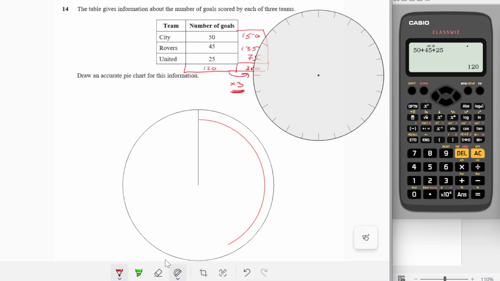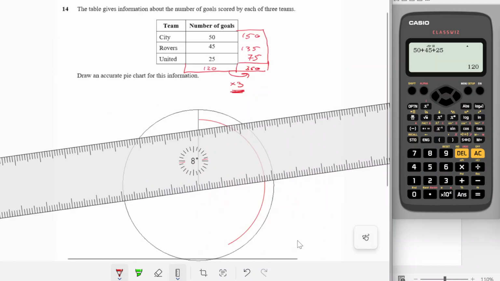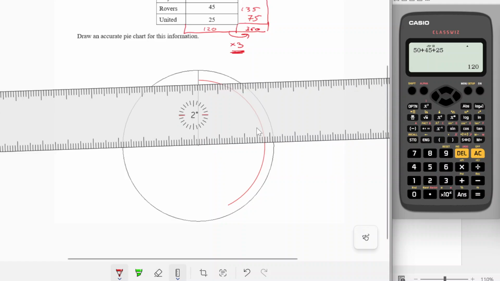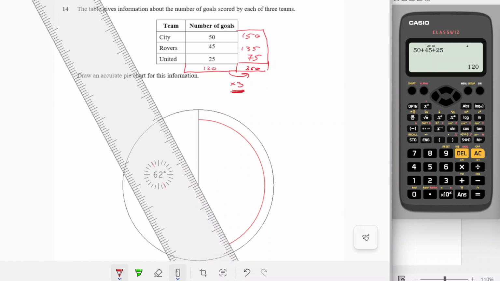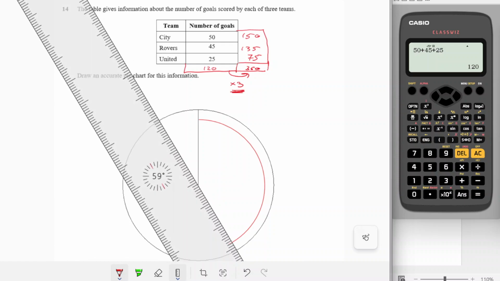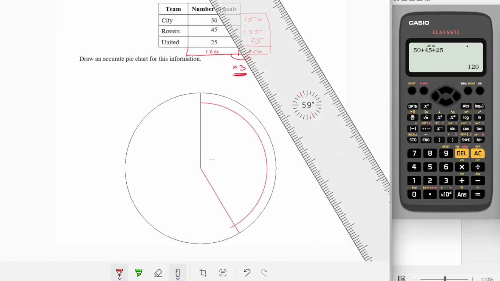Right, so using my ruler again then. I want a straight line going through the angle and the point. Ooh, struggling here. There we go, that's my first section then, so that is city. Similar process for the 135-degree angle now, so switch for a protractor.